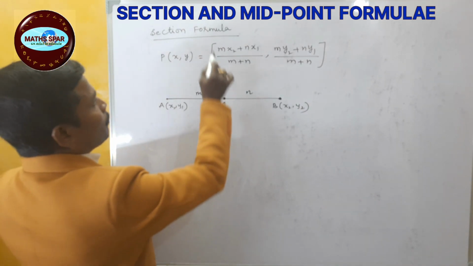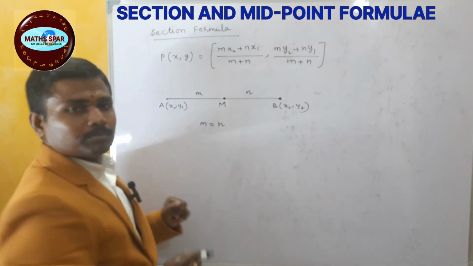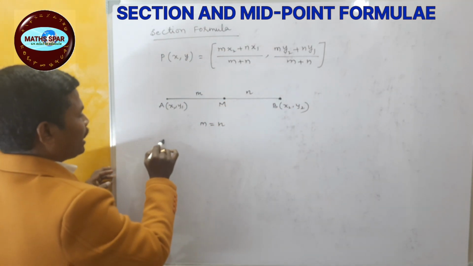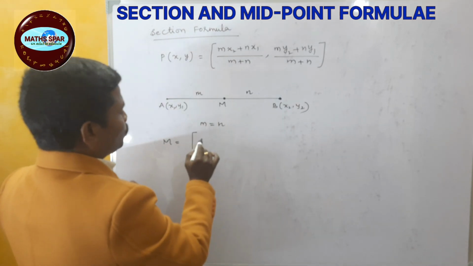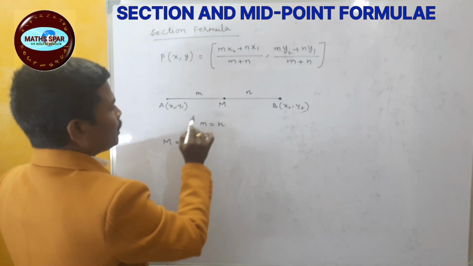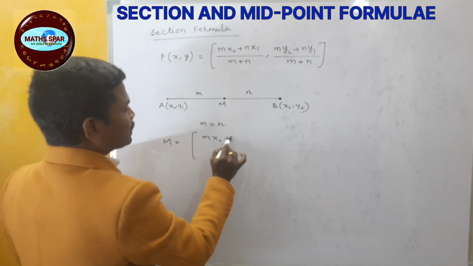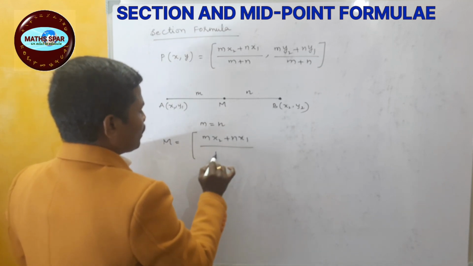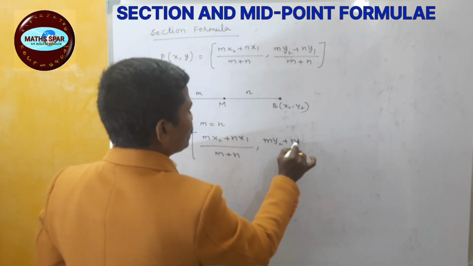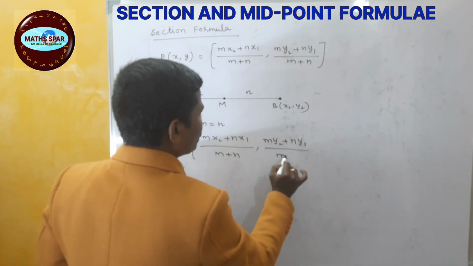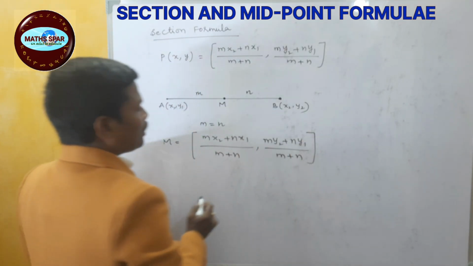Now by using the section formula, if you find for the midpoint M, it is mx2 plus nx1 by m plus n, comma my2 plus ny1 by m plus n.